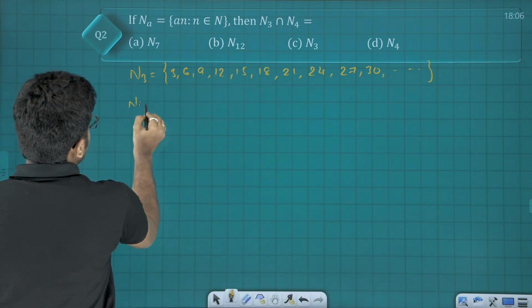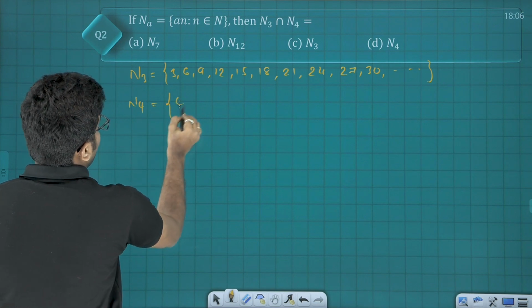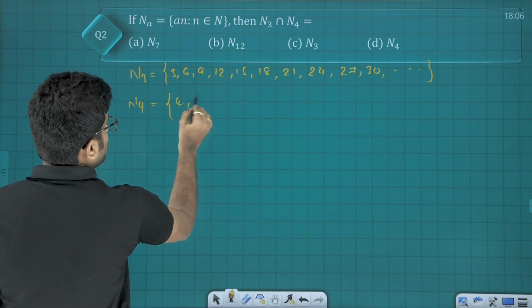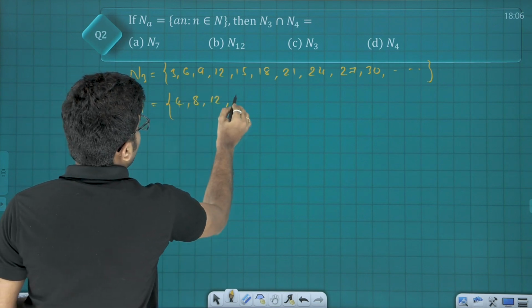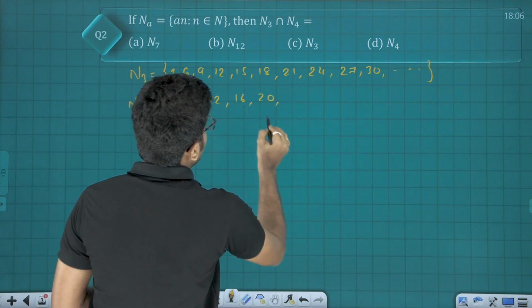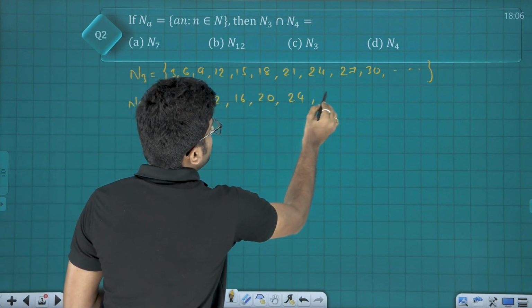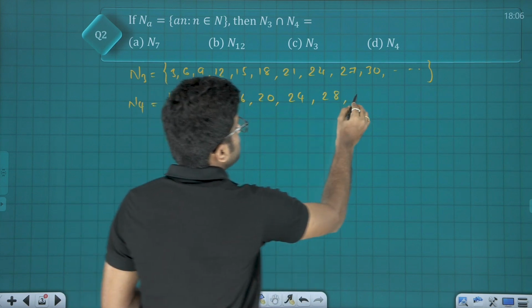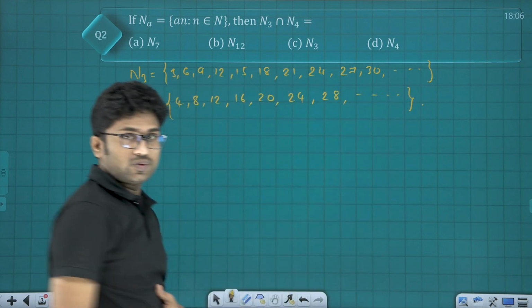N4 denotes all the multiples of 4. 4 1s are 4, 4 2s are 8, 4 3s are 12, 4 4s are 16, 4 5s are 20, 24, 28, 32 and so on.